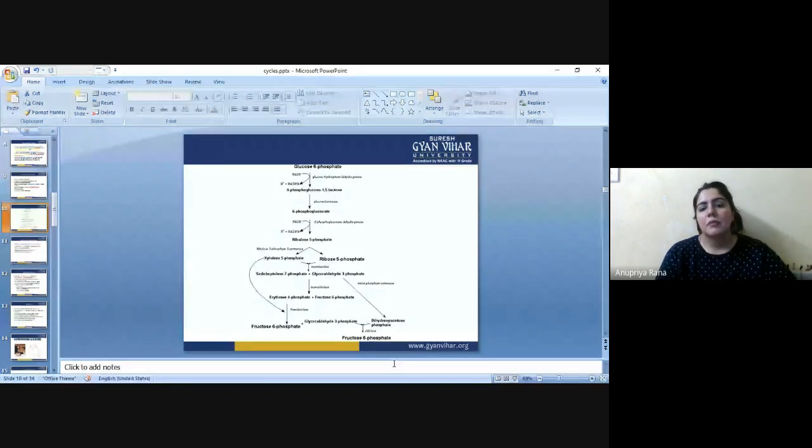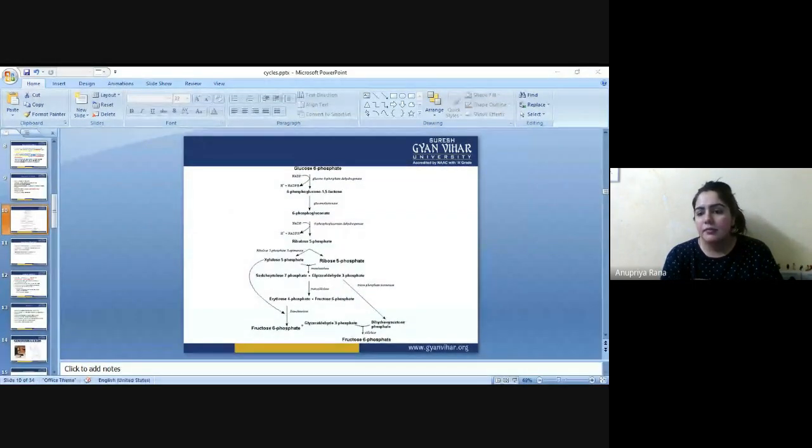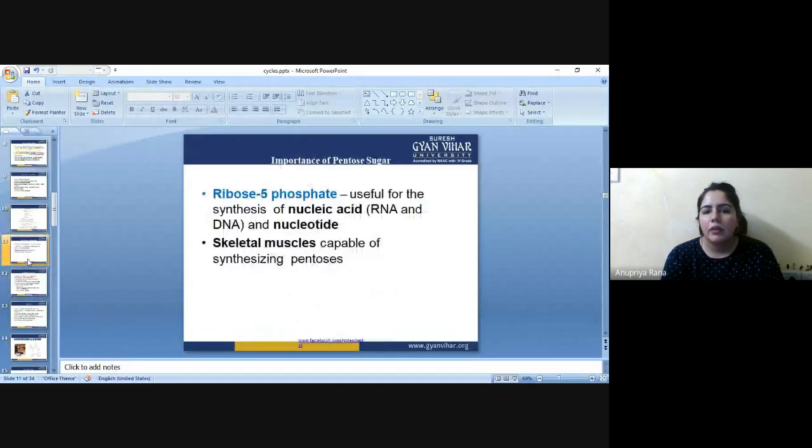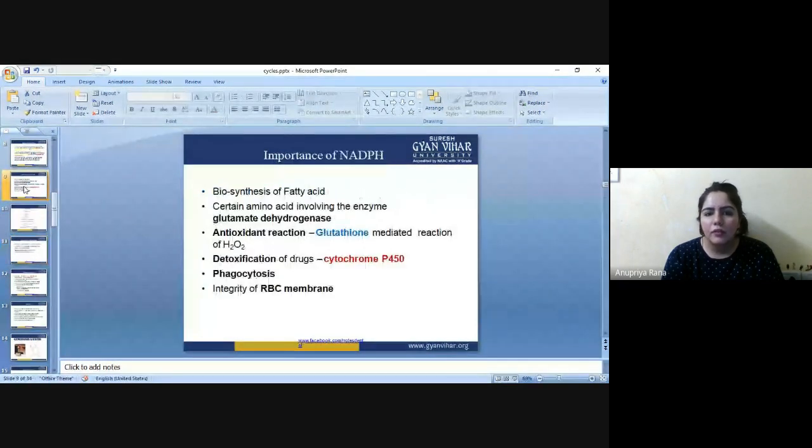So these are the basic motto for why we are studying this pentose pathway. Now we will see its importance, the importance of pentose sugar, a little theoretical version of all these things.